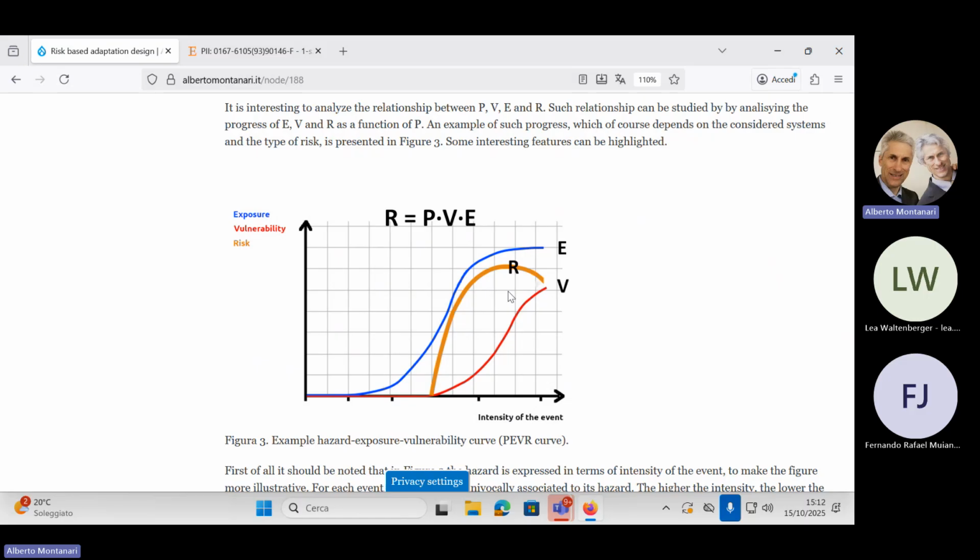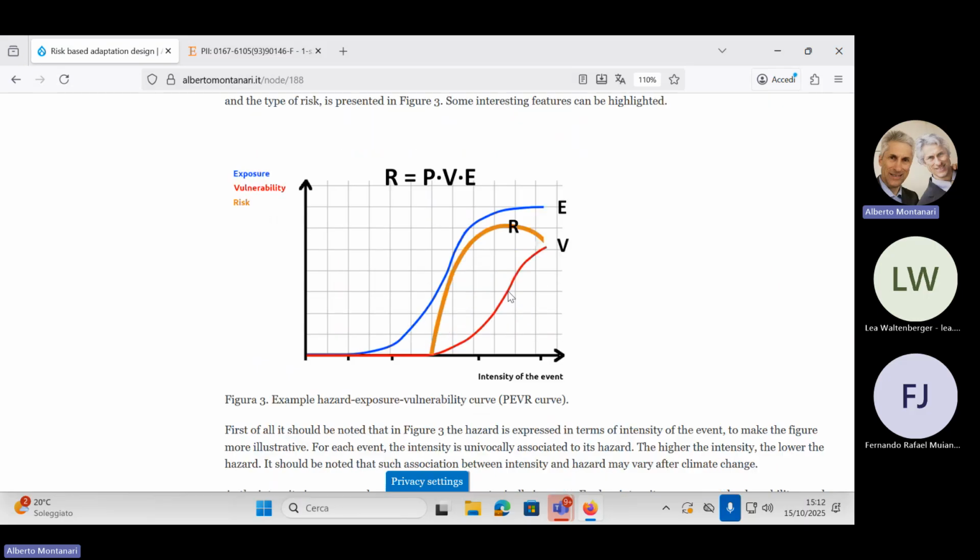So let's focus on exposure. And let me first explain this graph here. First of all, what is in the horizontal axis and what is in the vertical axis? In the horizontal axis, you have the intensity of the event.